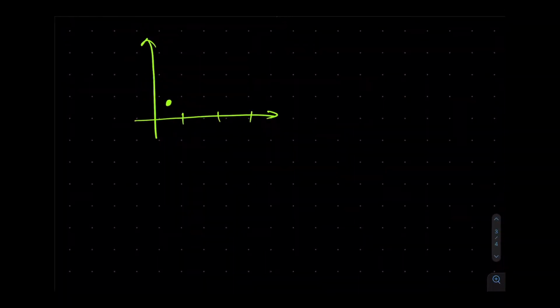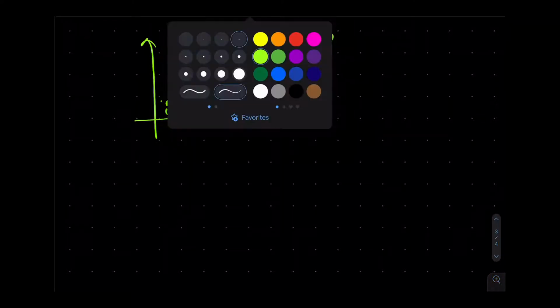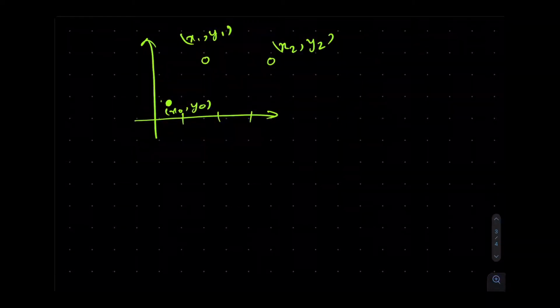Consider a set of points that make a piecewise linear spline. The 3 points are x0, y0, x1, y1 and x2, y2. Connecting these 3 points using a line, we make a linear spline.